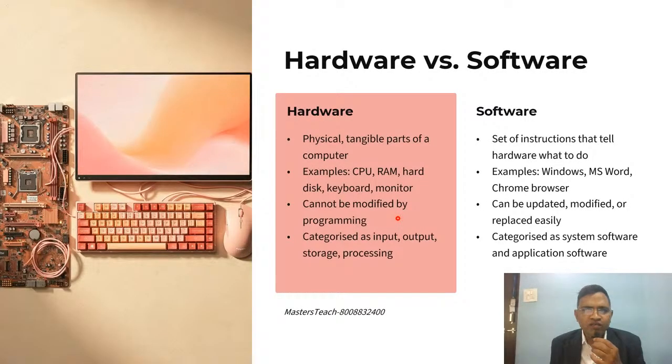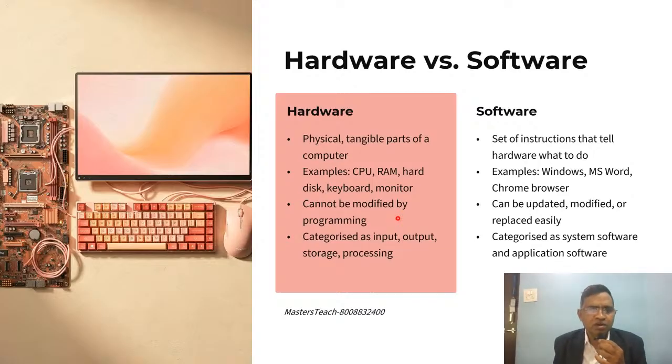What is the difference between hardware and software? Hardware means the parts of the computer we can touch and feel. It is tangible, like the CPU, RAM, disk, keyboard, monitor. At the same time, hardware cannot be modified by programming. So it is used only for input, output, storage, and processing. Whereas software gives instructions to hardware on what to do.